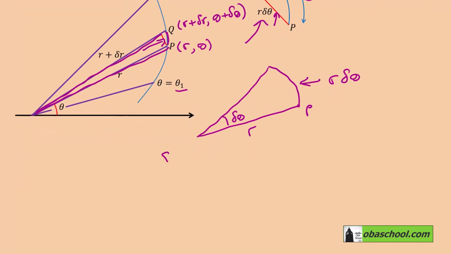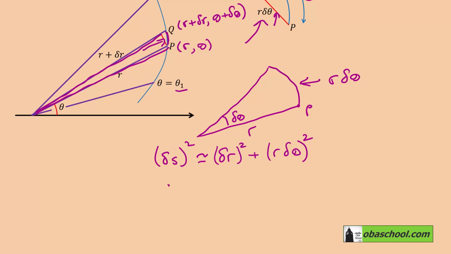That means we can say that delta s squared would be equal to delta r squared plus r delta theta squared. At least that's approximately equal to.